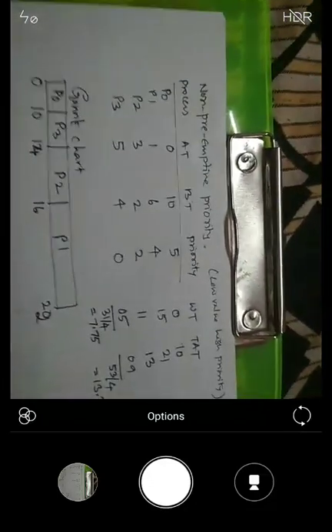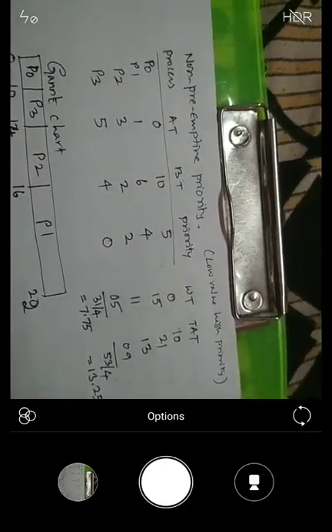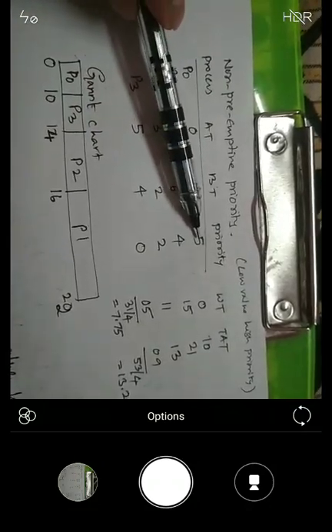So this will be the consideration. But at the same time you should also keep in mind that their respective arrival times are also very important while taking the execution into account. So now let us start with the execution of the process P0. Process P0 has arrived at the 0th second, but its priority is 5, which is the lowest priority among all these 4 processes.